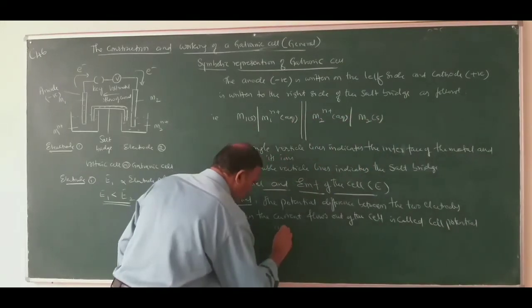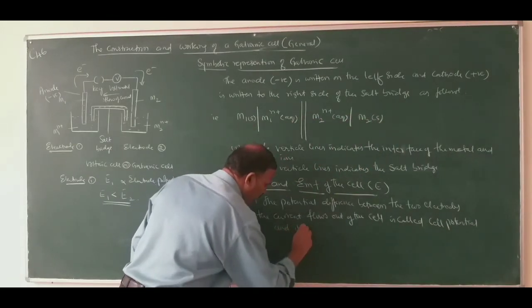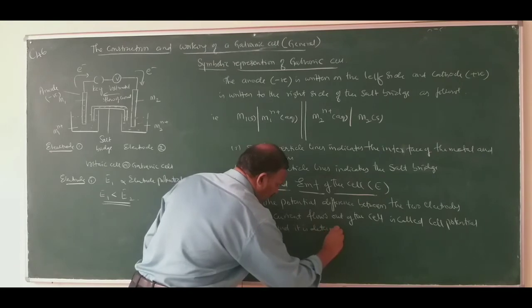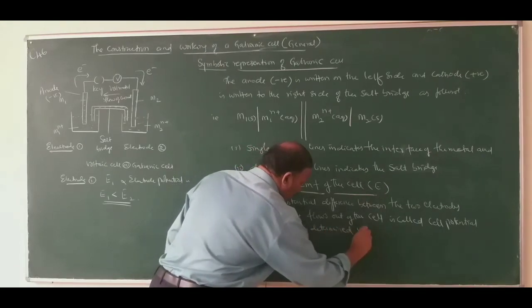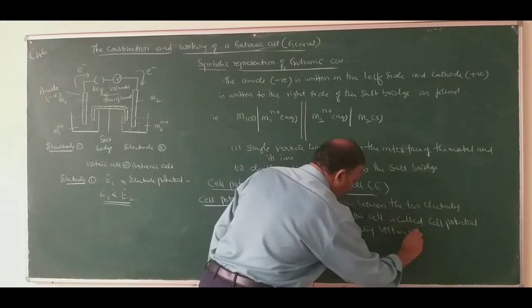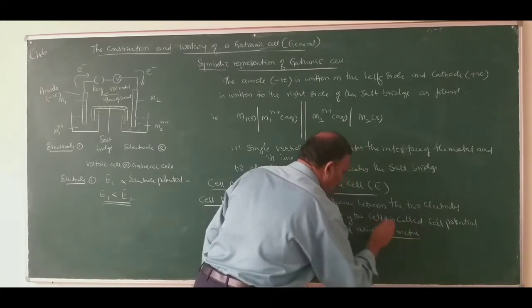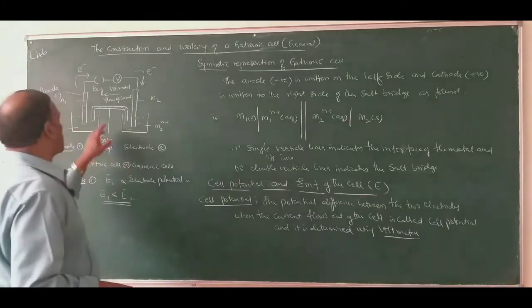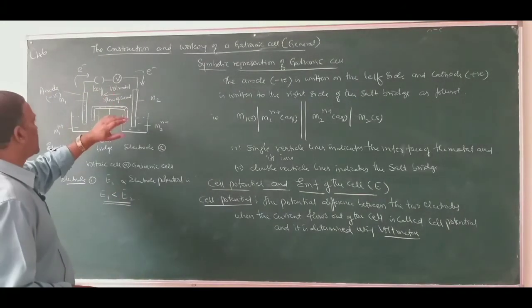And it is determined using a voltmeter. So this is the cell potential.